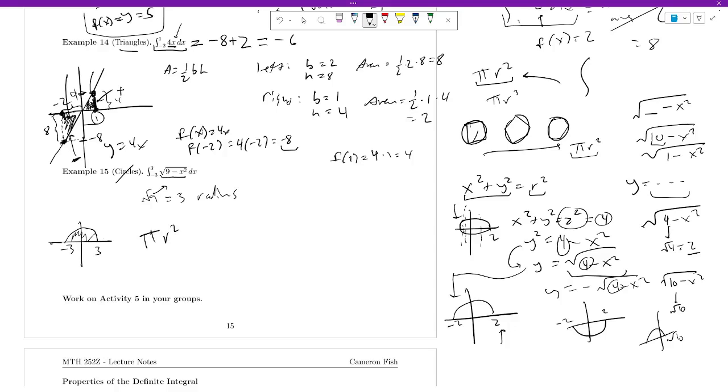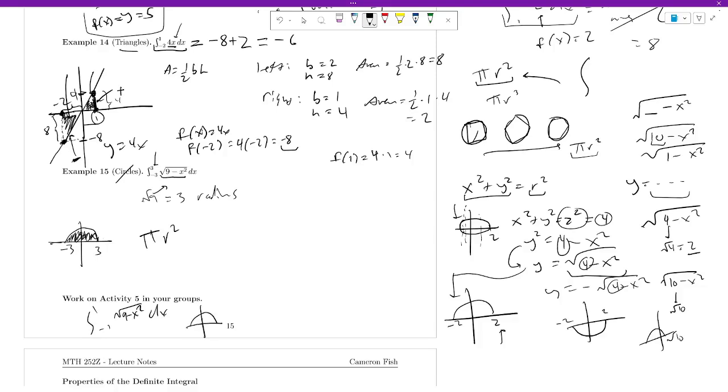Oh, we should mention the bounds here. It's from -3 to 3. Mercifully, whoever wrote this problem, which was me, set this up so that the area you're getting is between -3 and 3. You could try -1 to 1 of the same function.